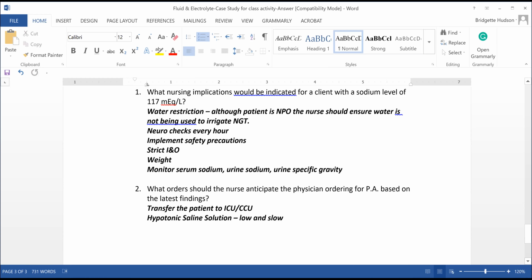All right, so I think this is a typo right here, because shouldn't it say hypertonic solution? What do you guys think? Is that 3% a hypotonic solution or a hypertonic solution?